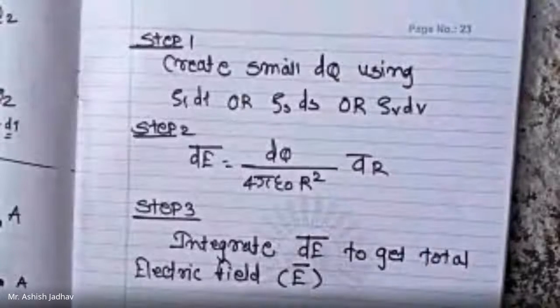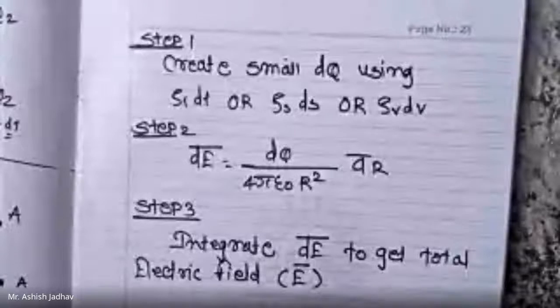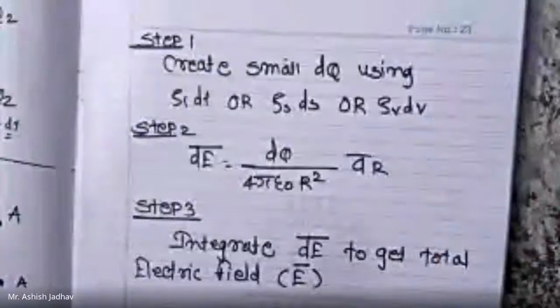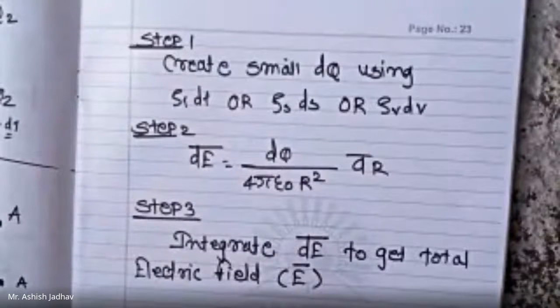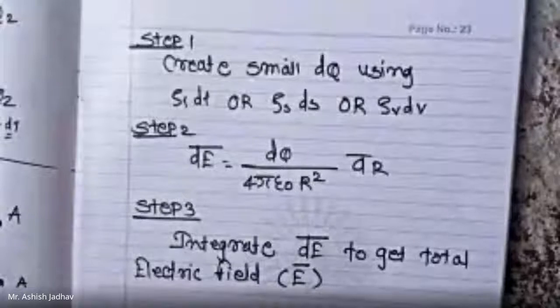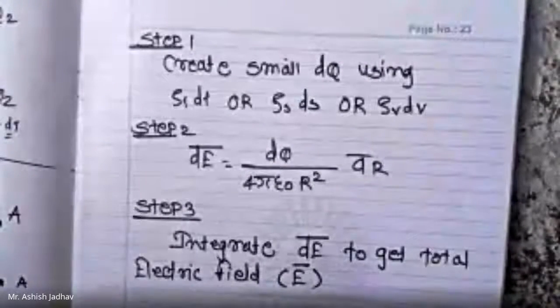For example, I want to find the electric field intensity at a particular point because of line charge. In that case, step number 1 is to draw a neat sketch of that. This is the step we learned earlier: from the given information, you need to draw a neat sketch.